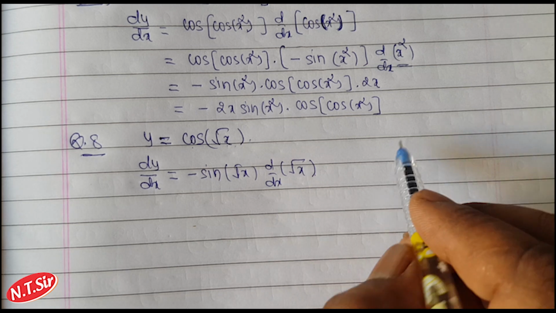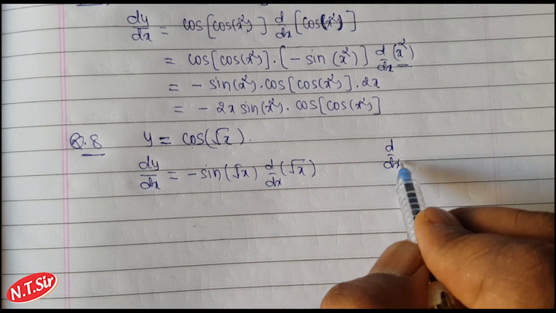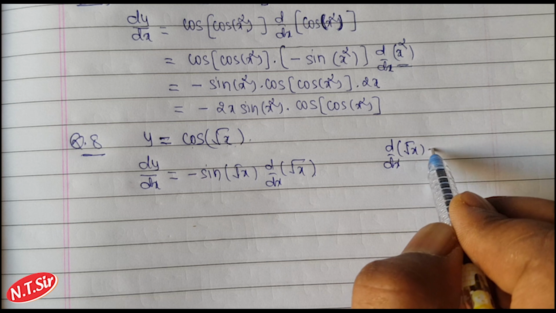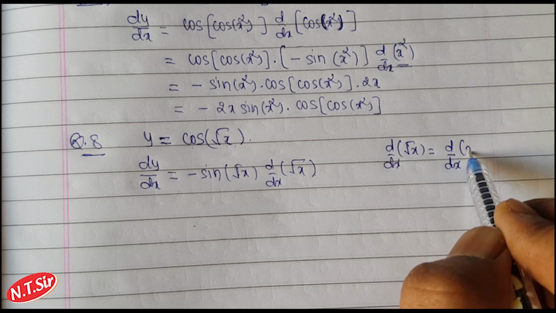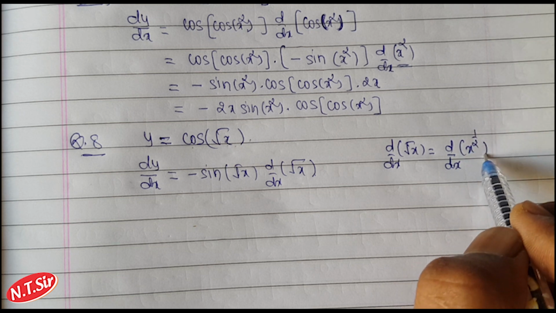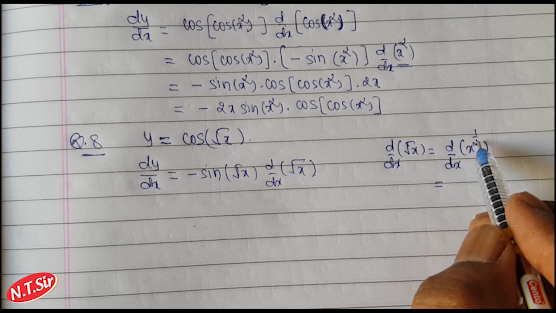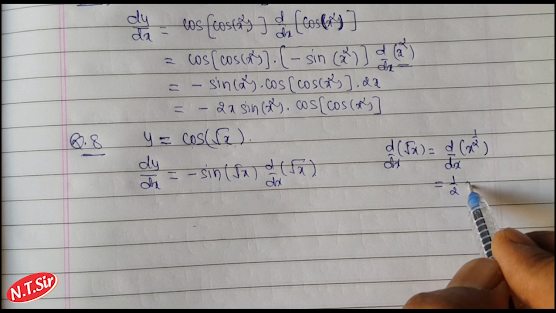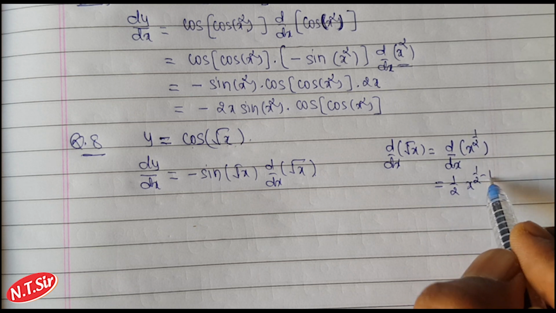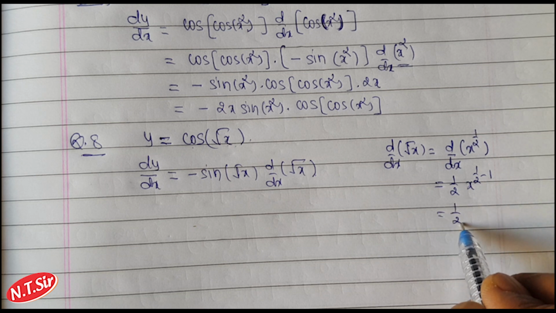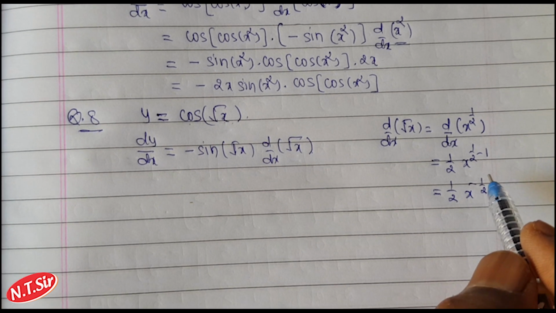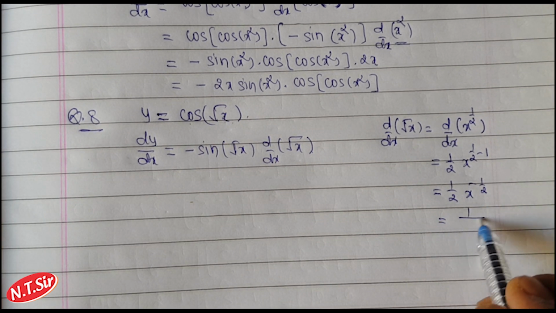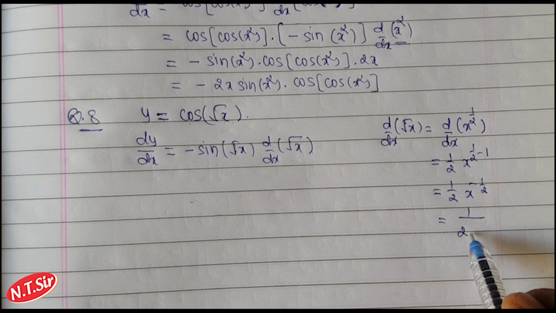Now we know that derivative of root x, that is derivative of x raised to half, is half x raised to half minus 1, that is 1 upon 2, x raised to minus half, means root x in denominator.